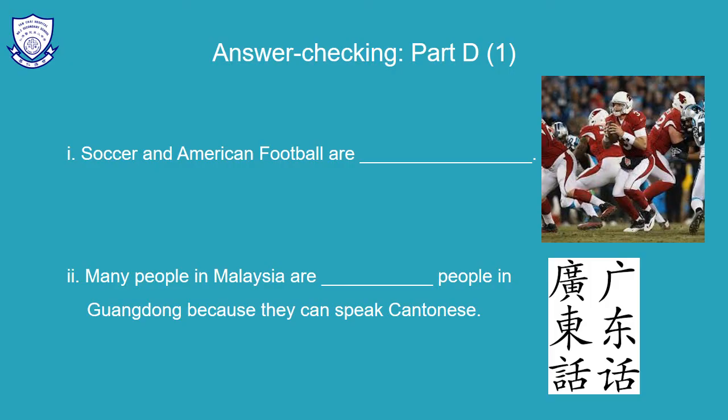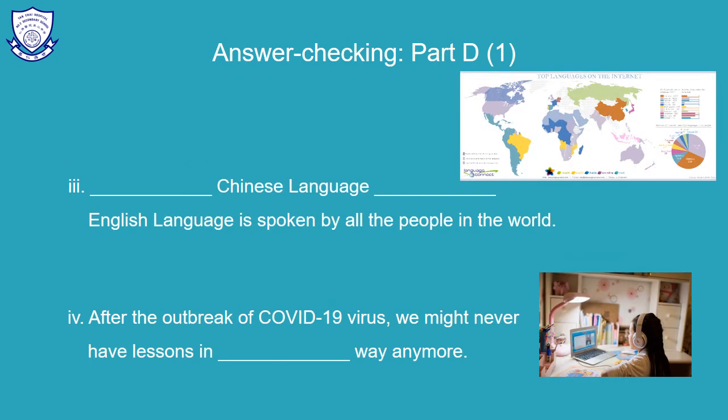Time is up. Sentence number one. Soccer and American football are not the same. Sentence number two. Many people in Malaysia are similar to people in Guangdong because they can speak Cantonese.